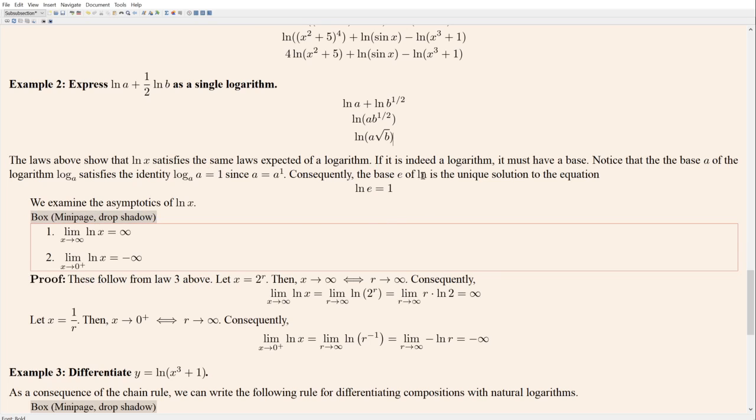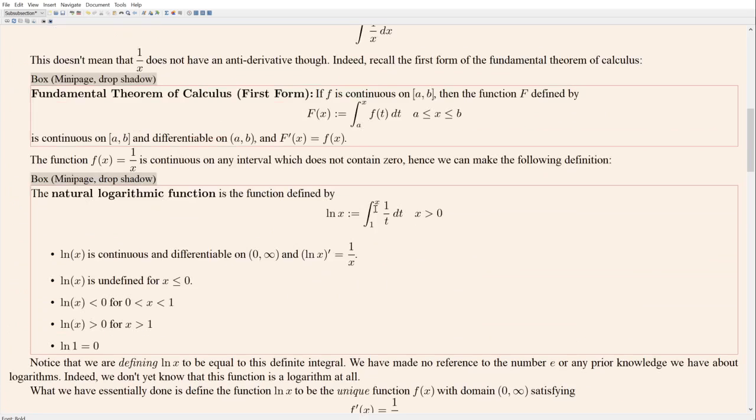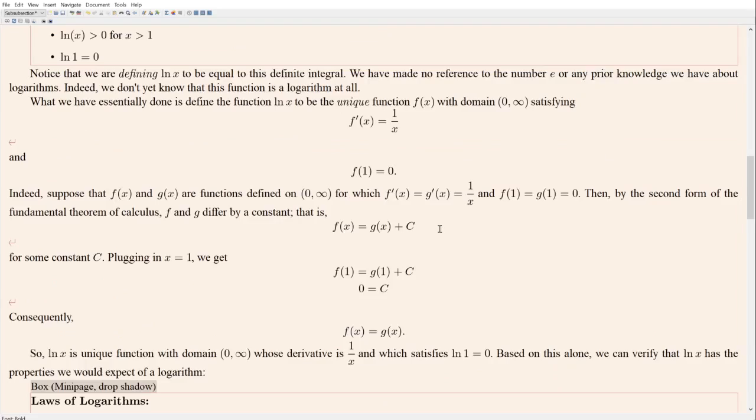So the base of ln is exactly that. It is that number which, when you plug it in, you get 1. And that is how we are going to define Euler's number. That is where Euler's number comes from. It is the unique number whose natural log is equal to 1. And that's not a circular argument, because the natural log was defined up here, right? Again, no reference to exponents being made.